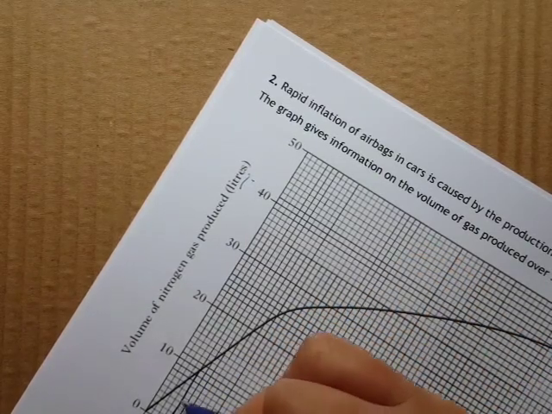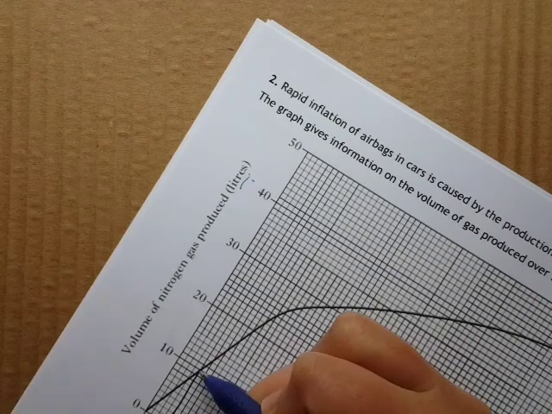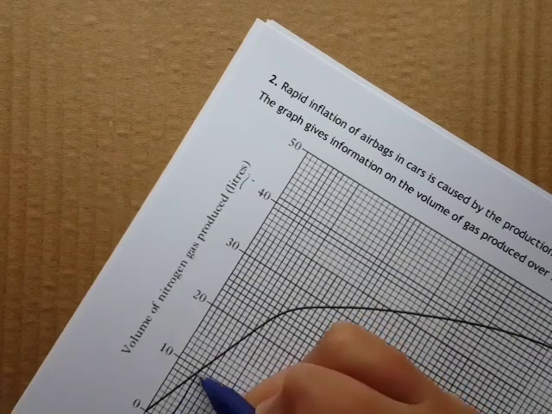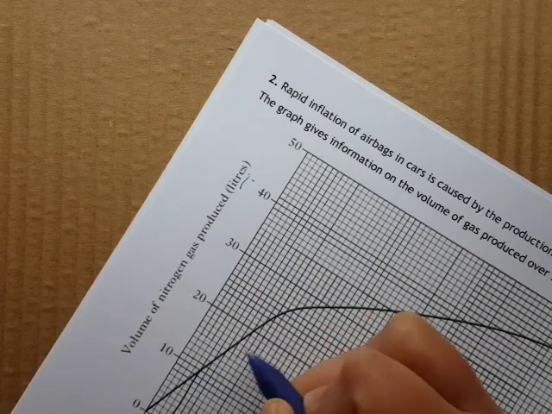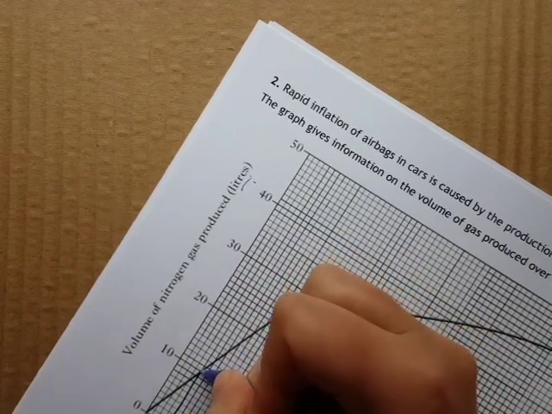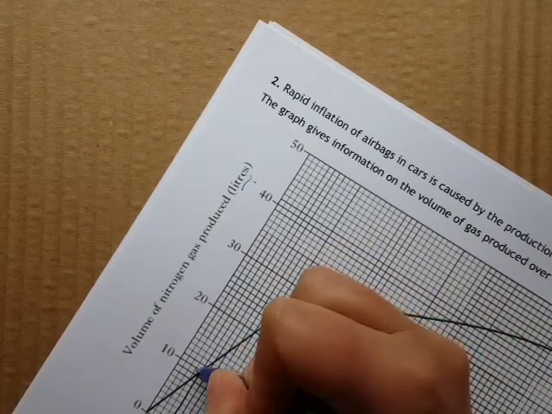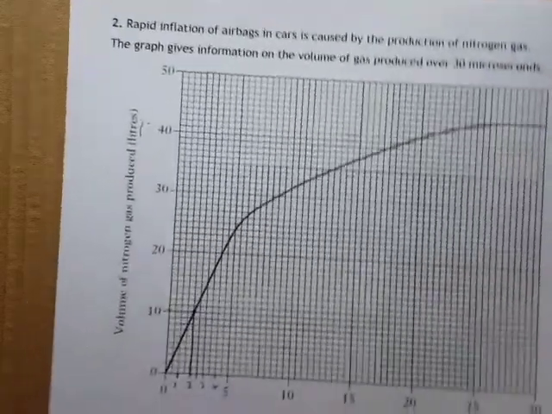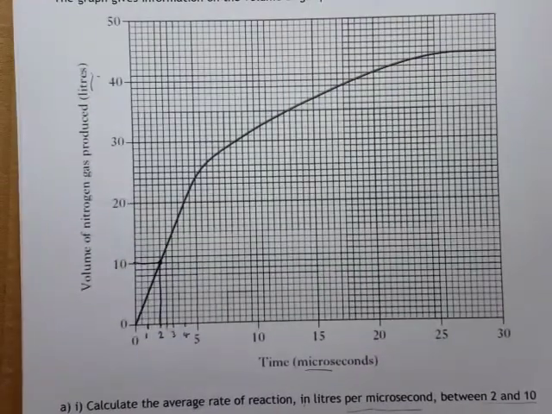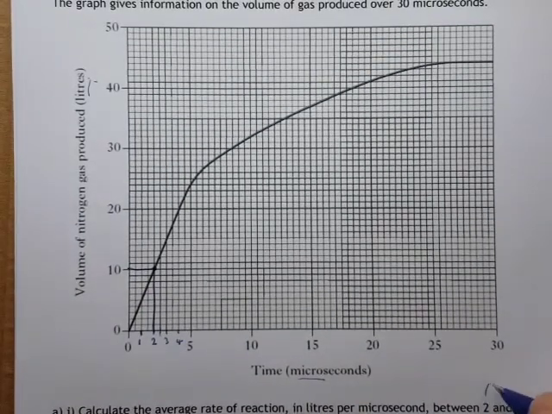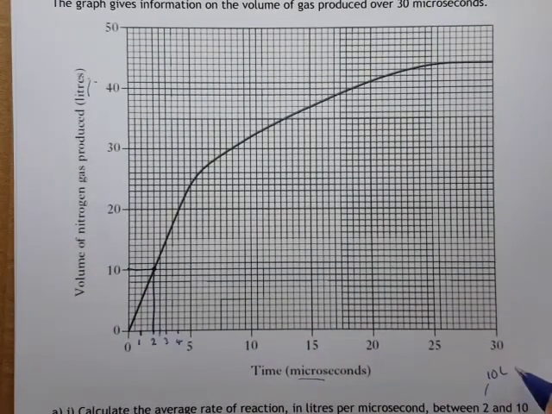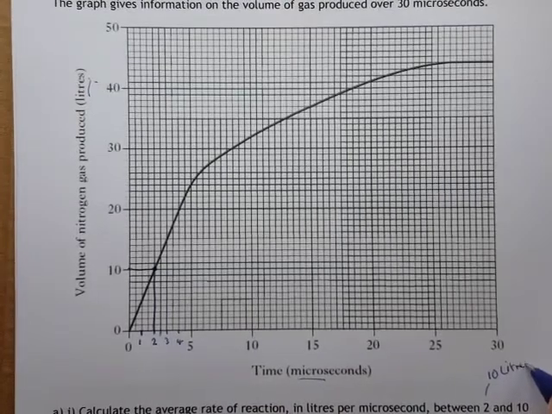So I'm following the line from 2 up to where it meets the thick line here, which represents the volume over time. And I'm then going to find the exact point at which it meets the line and follow that across. And so at 2 microseconds, I had 10 litres of gas.